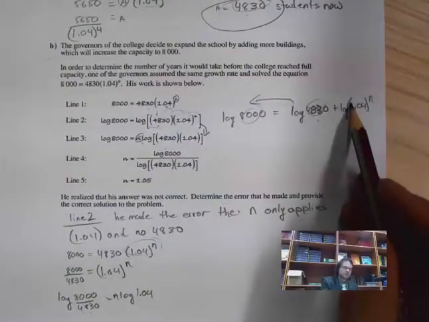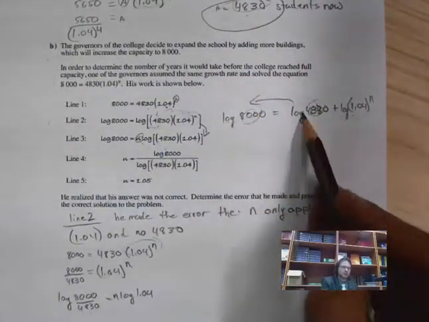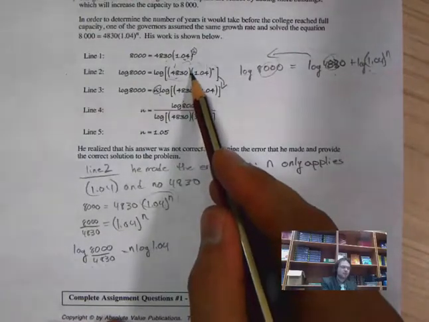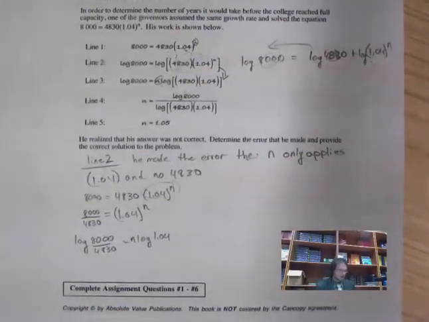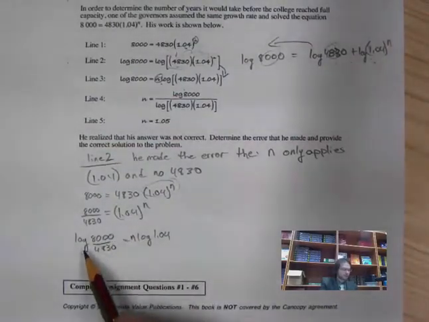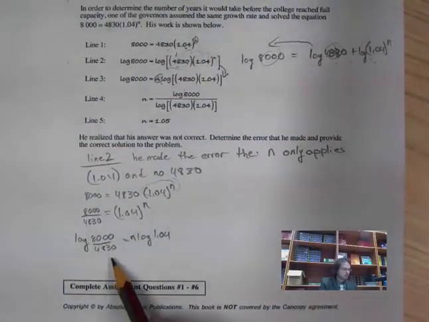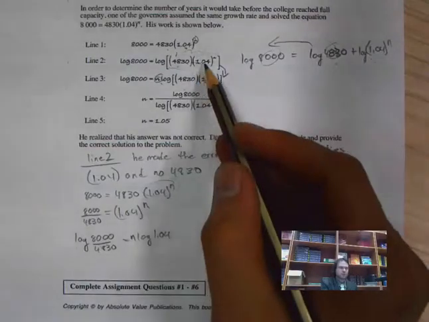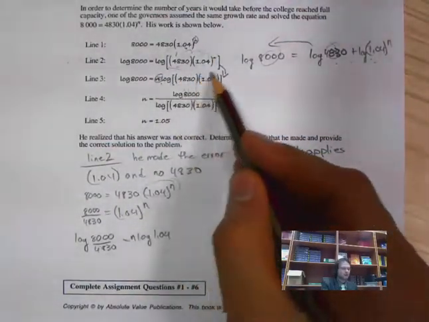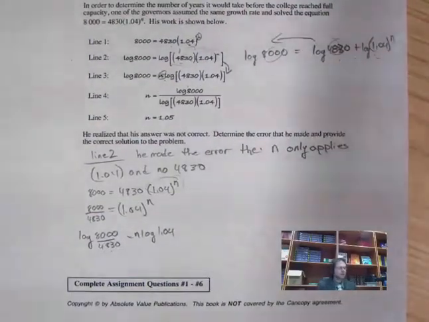Well, isn't that the same as if I moved this to that side? It'd be log 8,000 subtract. So I could kind of do it this way, but then I have to remember that this is the same thing as adding. Okay? Next part is, well, let's take a look here. So we could have done this way, but remember, this is multiplication, so we can't just bring this n out there. It doesn't work. Okay?